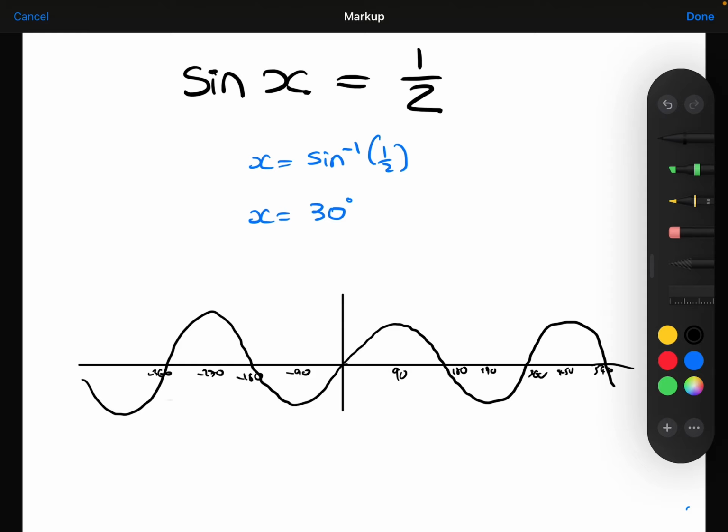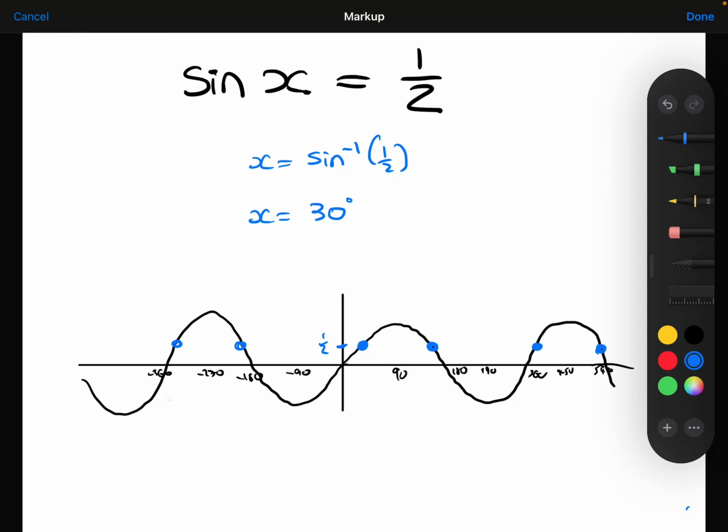So what I'm saying with this question is, when does the sine graph equal 1/2? Well, 1/2 is here. And I can see that the sine graph is going to equal 1/2 here, or here, or here, or here, or over here, or over here, and so on. You can now see why this equation has an infinite set of answers, because the sine graph keeps repeating.